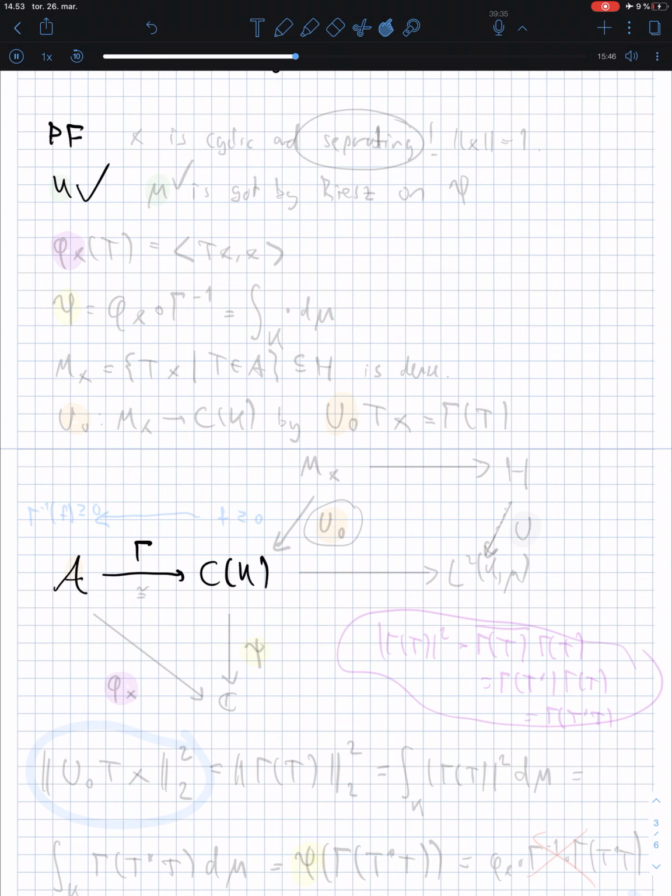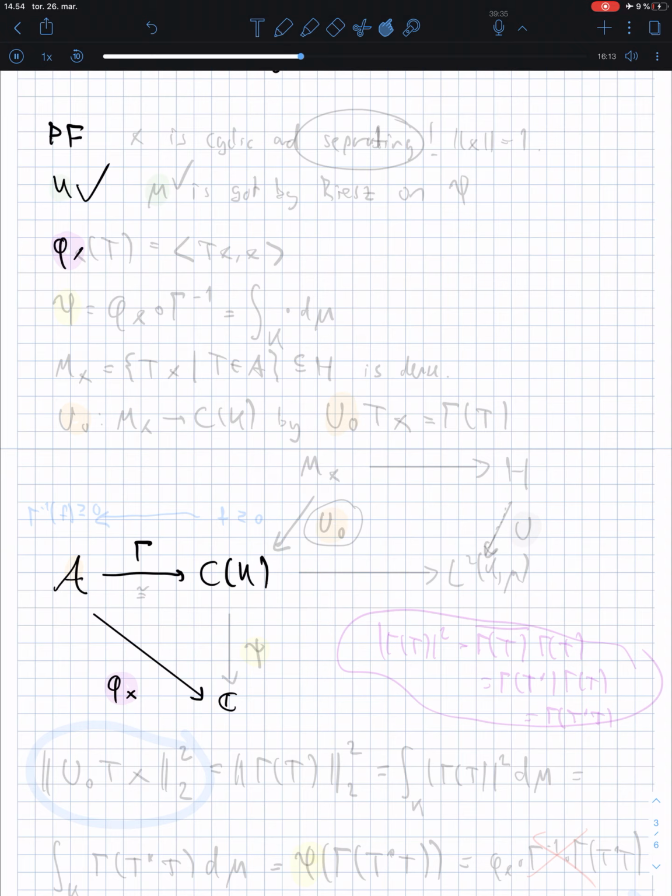Now, I want to also build mu, my Borel measure. And I'm going to get that, you can probably guess, from the Riesz representation theorem. But to be more precise, I'm going to start by defining a map like this, which is going to be a state. And that state I'm going to call phi_x.